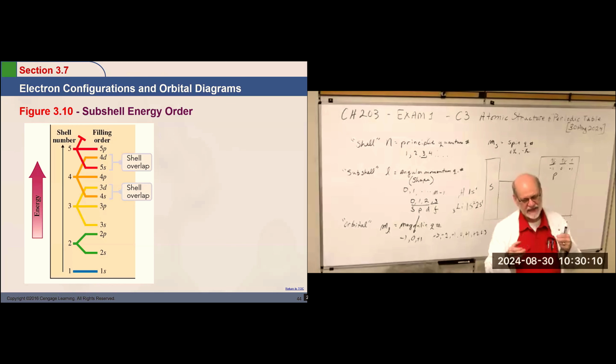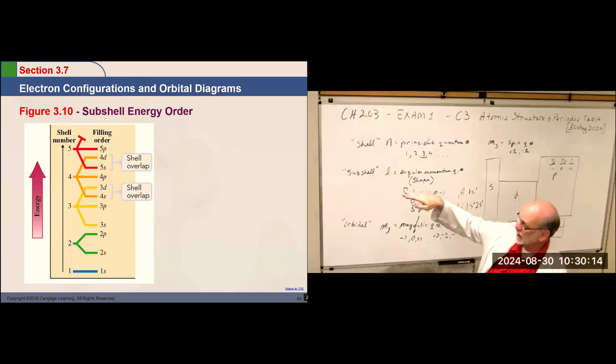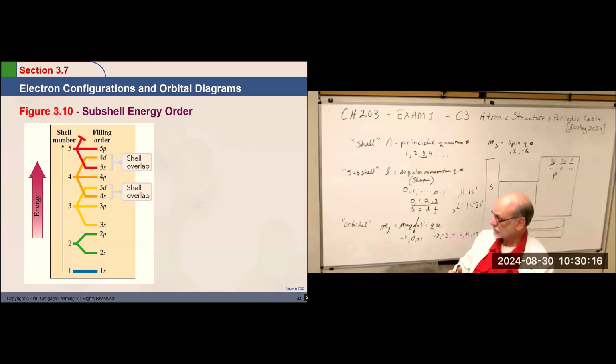Let's see, a 4d might be more energy than a 5s. Right? We look there toward the top. So when you get to that level, then things start to shift based upon the quantum mechanical equations, actually. Right? All these calculations have been done for us. We don't have to do that.